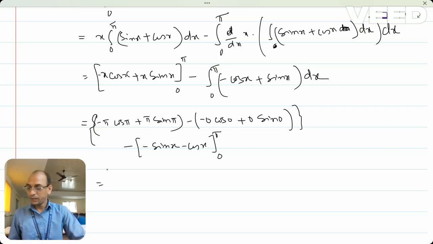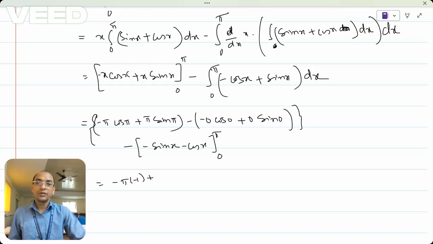Finally, you simplify: sin pi is 0, and cos pi is minus 1. So I can have minus pi into minus 1 plus 0. This one is 0 and this one is 0, since 0 into something is 0.